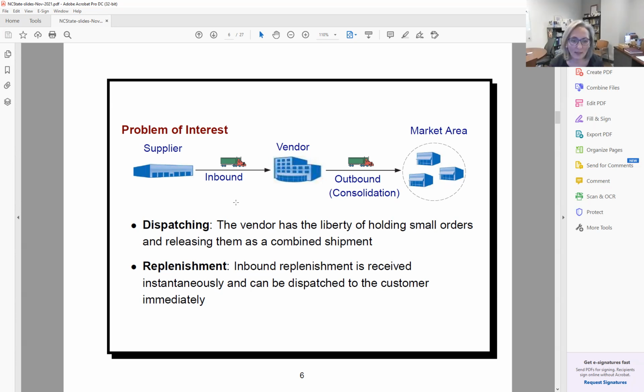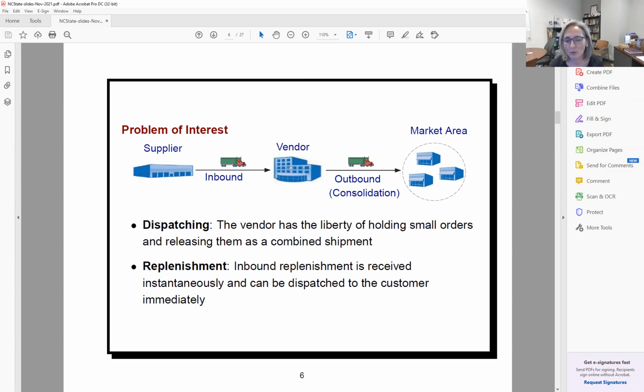So here is a representation of the problem of interest, just to illustrate the impact of shipment consolidation on optimal inventory policies. We are interested in optimizing the costs of the vendor in my figure here. The vendor receives inbound replenishments from a supplier and needs to decide on the replenishment quantities for those inbound replenishments.